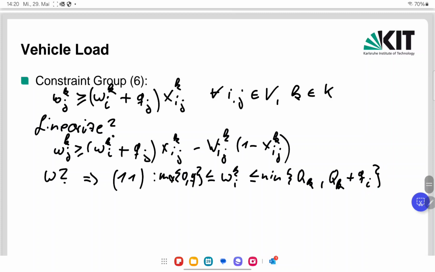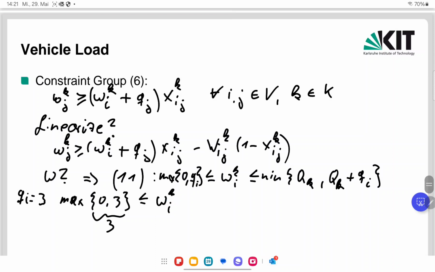Okay, maybe an example would help here. Assume I is a pickup node with, let's say, 3 patients. So we have to pick up 3 patients at node I. That means for this constraint group that this is the maximum of either no one that we should pick up, or 3. Obviously this is 3.